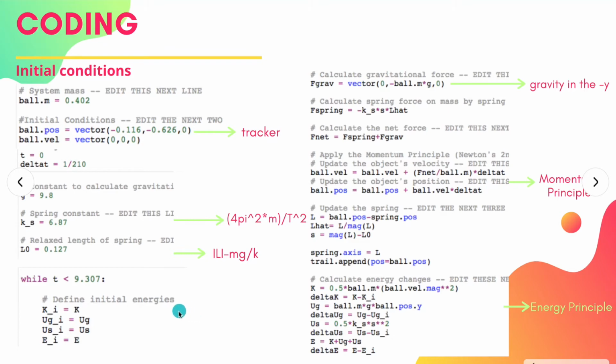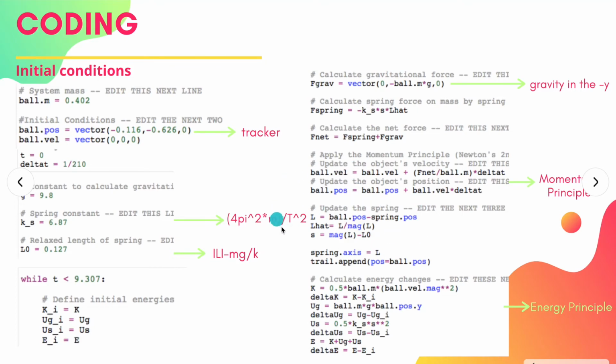Then, for our loop, we defined the initial energies, and then we defined the gravitational force. The spring force was calculated using the equation we previously stated in the equations that we will be using in this lab. And then our F net is just the sum of the spring force and the gravitational force. Then we use the momentum principle to update the velocity of the ball and the position of the ball after delta t.